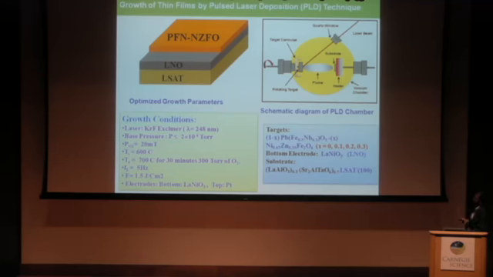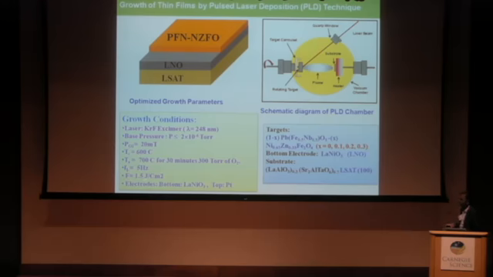And we have started this synthesis with a single target of PFN and nickel zinc iron oxide, and these are the optimized parameters. We have grown at 20 millitorr of oxygen pressure. The substrate temperature was 600 degrees Celsius, and we have annealed the sample around 700 degrees Celsius for 30 minutes at 300 torr of oxygen in order to avoid oxygen vacancies.